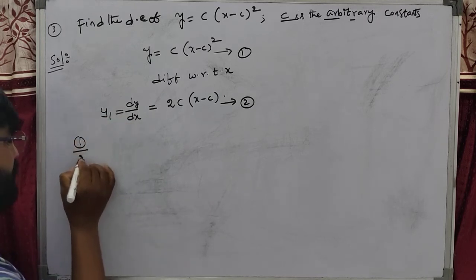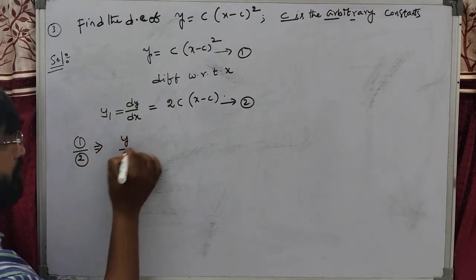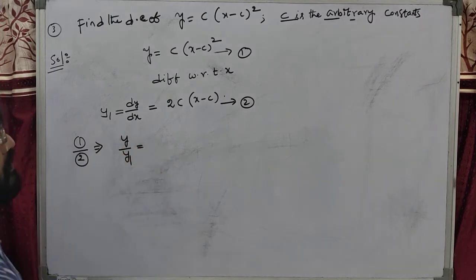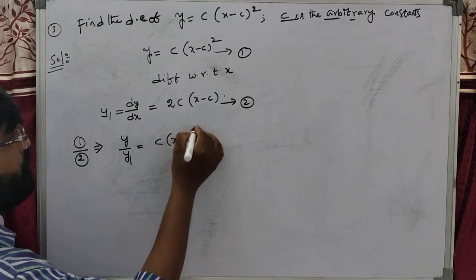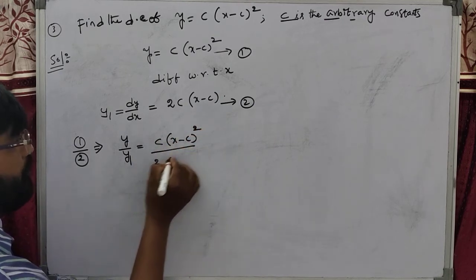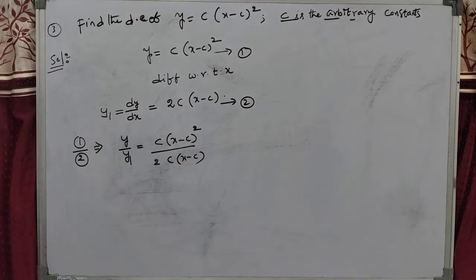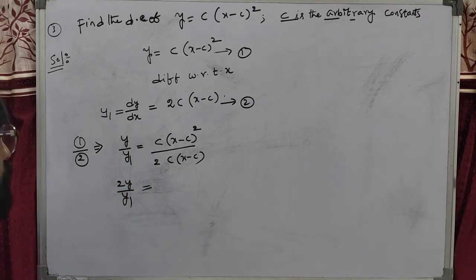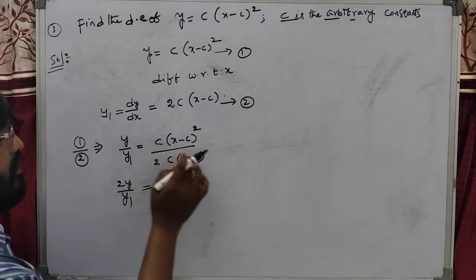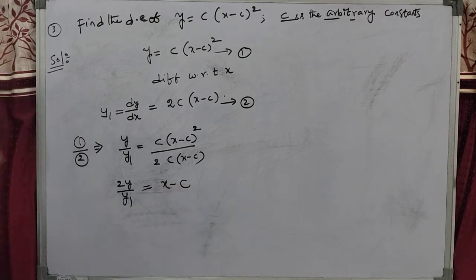When we take 1 by 2, that implies y by y1, which is c into (x minus c) whole square by 2c into (x minus c), that is 2y by y1. Here c cancels, and (x minus c) cancels one time. This is x minus c.